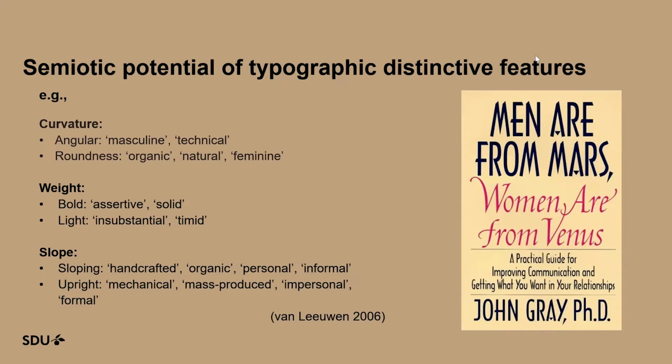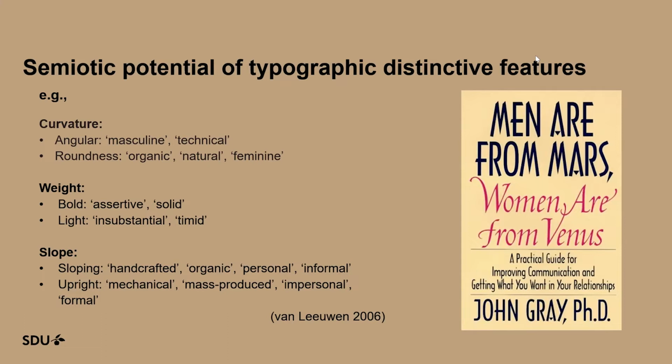Where the typeface of the part that refers to men is angular, it's relatively bold, it's upright, and it is realized in a stereotypically male color. Whereas the part referring to women is more rounded, it is light, it is sloping, and it is realized in a stereotypically female color. So, sometimes it's good to illustrate something with stereotypical examples, and this is definitely one of them.